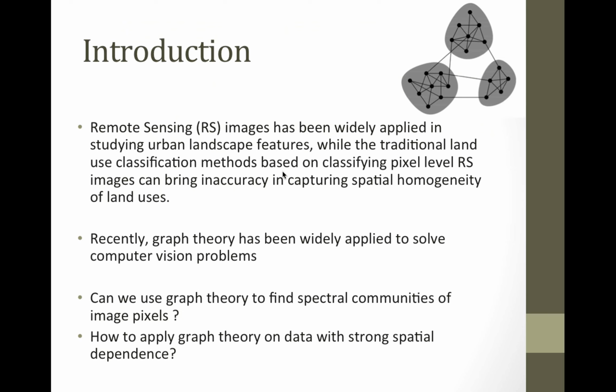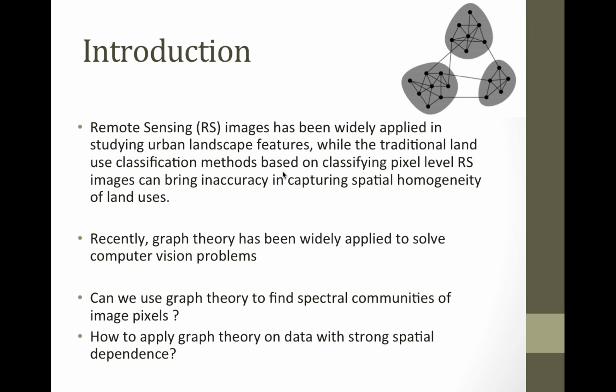Remote sensing images have been widely applied in urban landscape studies, but the traditional method uses pixel-level remote sensing images to classify land uses.